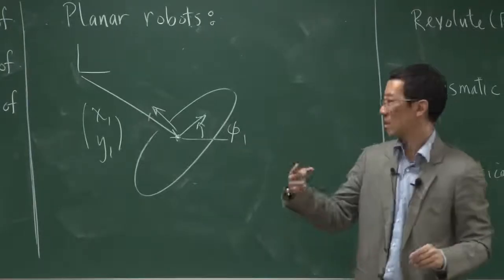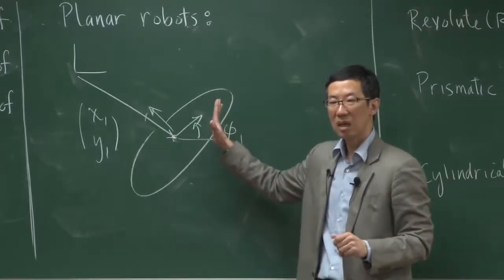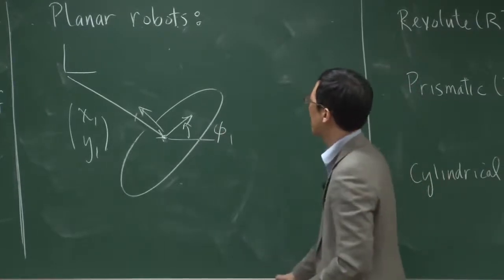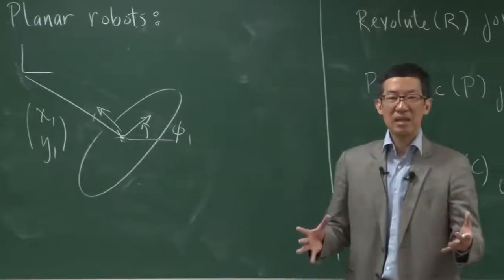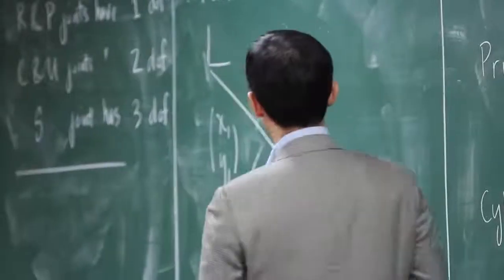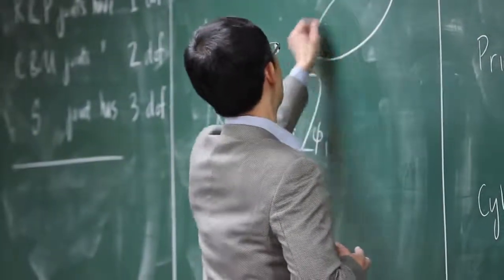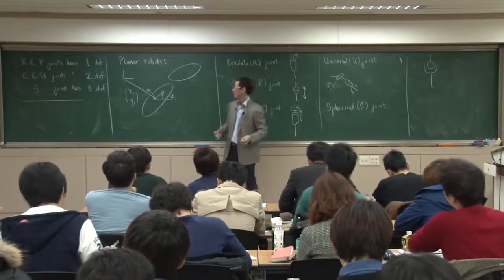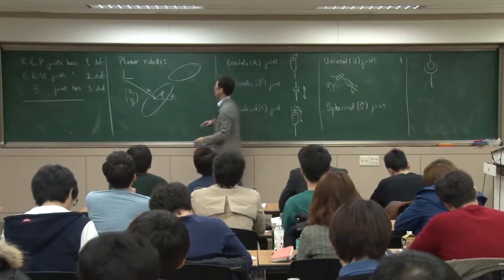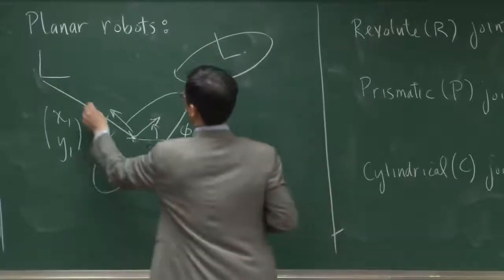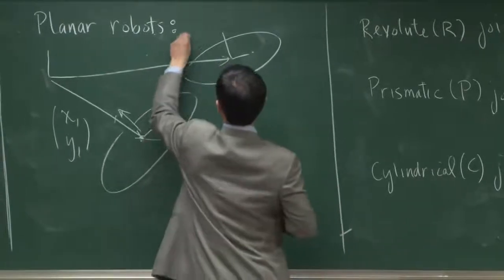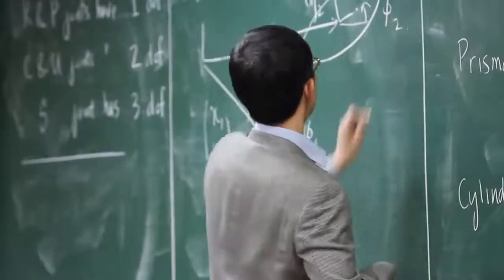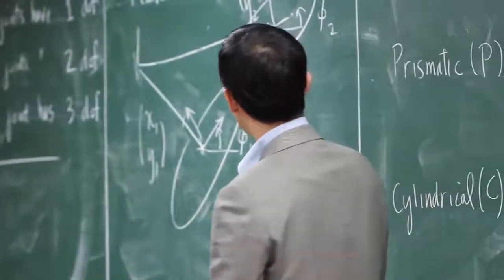So we need 3 coordinates to describe the position and orientation of this link. Now, if we had 2 rigid bodies moving independently, obviously we need 3 plus 3, so 6 coordinates. So frame here, x2, y2. This angle would be phi 2.